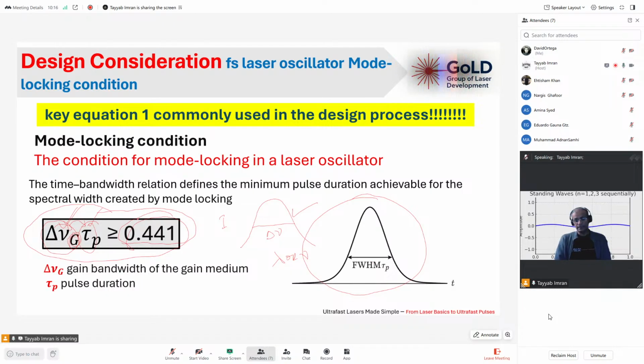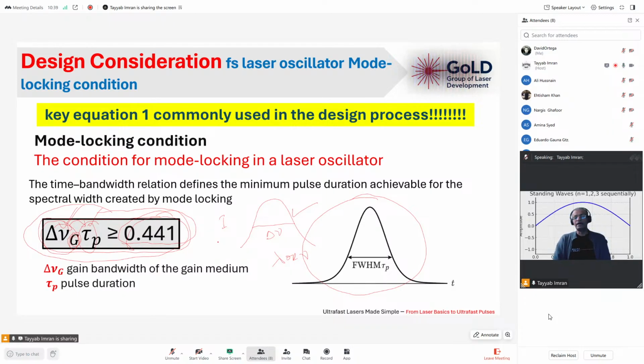So if this equation is satisfied, then we can have the mode locking condition satisfied. If this condition is not satisfied, then it means mode locking cannot be achieved.